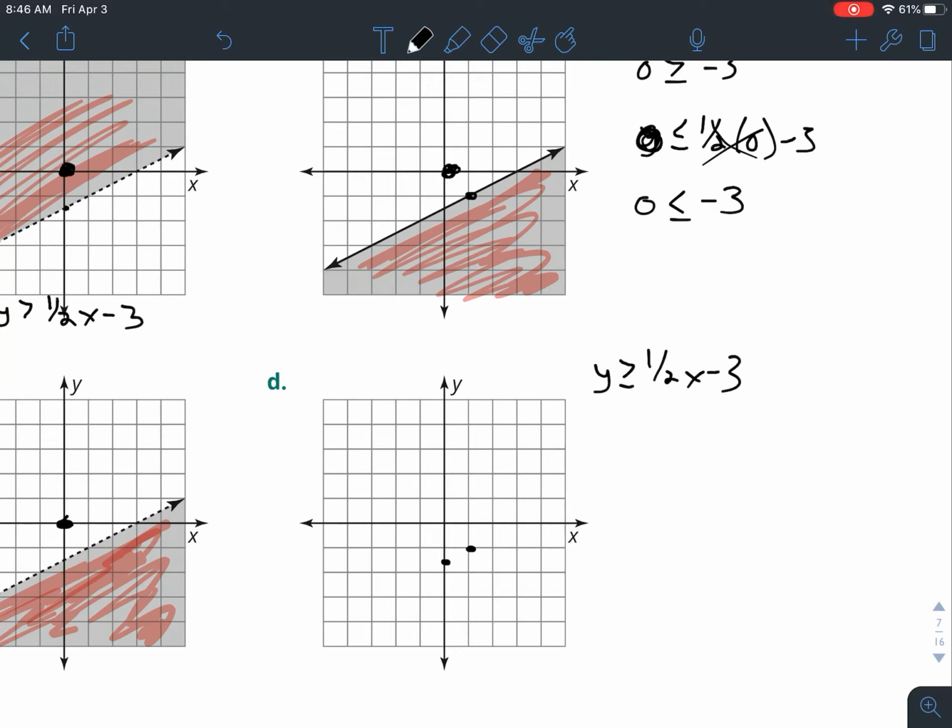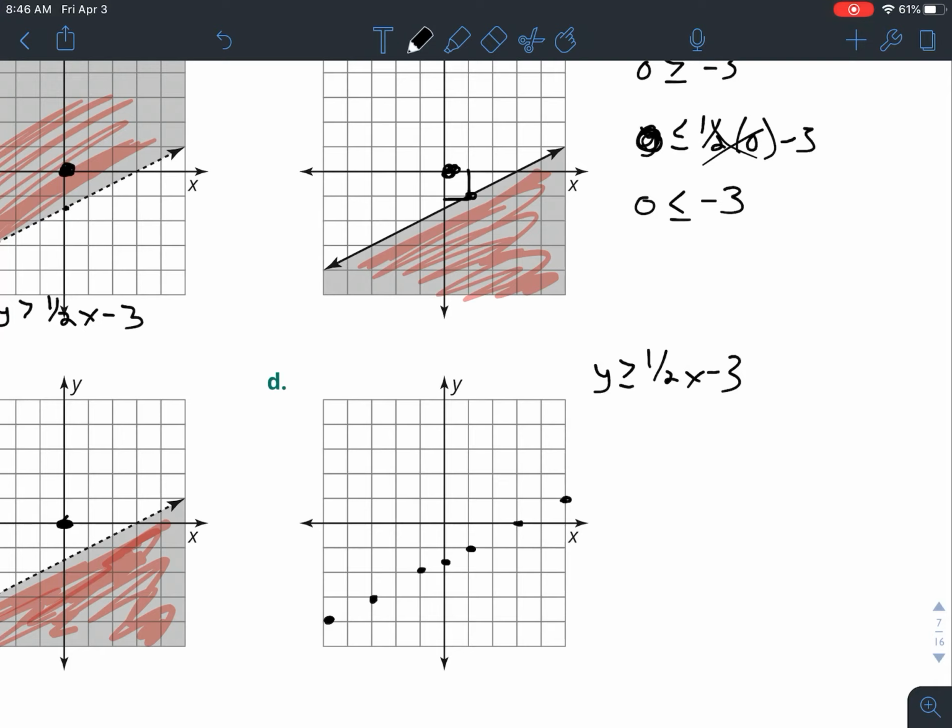Then you're going to go up 1 over 2 each time. Going the other way from negative 1, negative 3, you're going to go over 2, down 1. Over 2, down 1. And that's your graph.